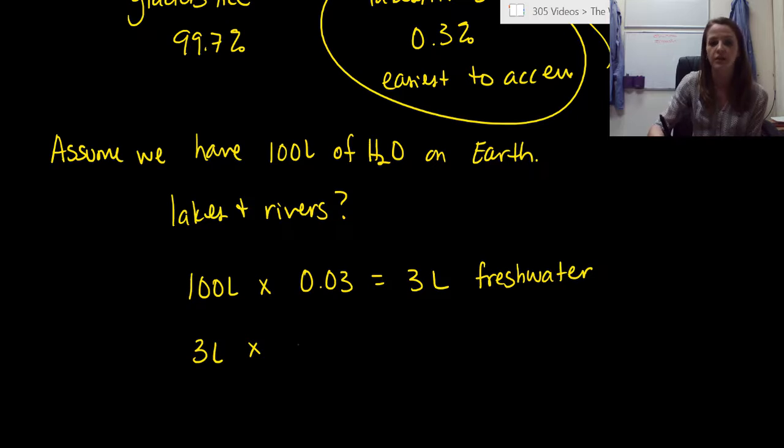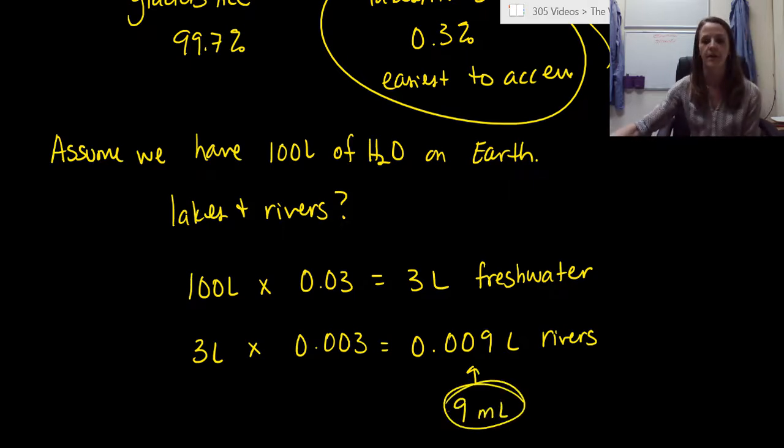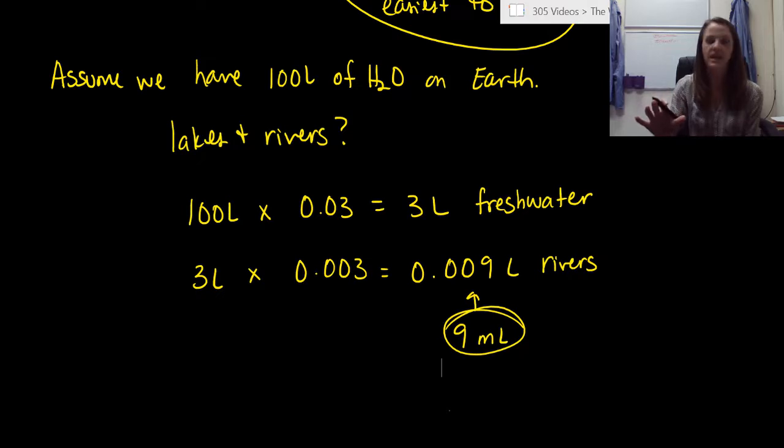We multiply 3 liters by 0.003, and that gives us 0.009 liters of water in our rivers and lakes. But that number isn't really useful. I would have preferred for you to report it as 9 milliliters. Think about that: only 9 milliliters out of 100 liters is the water that's easiest for us to access to drink. That's not very much at all.